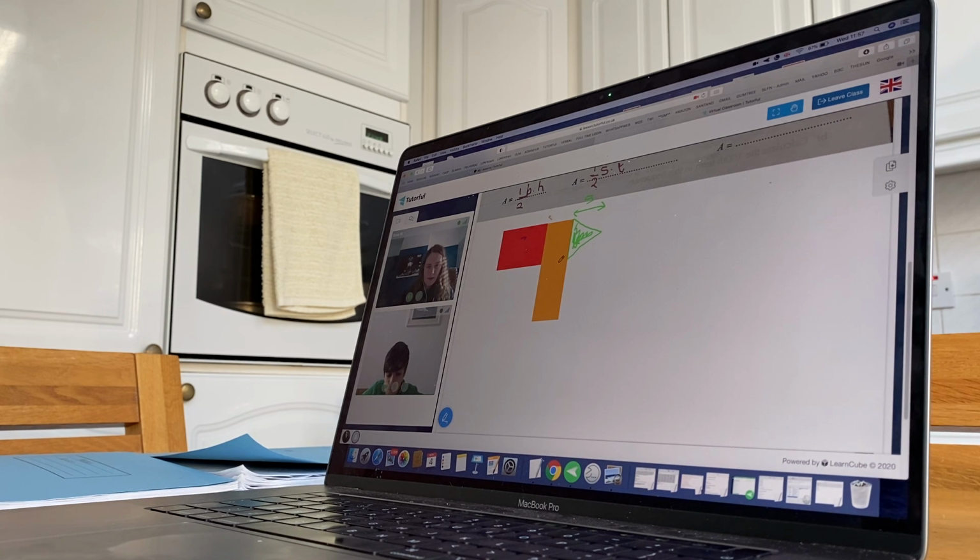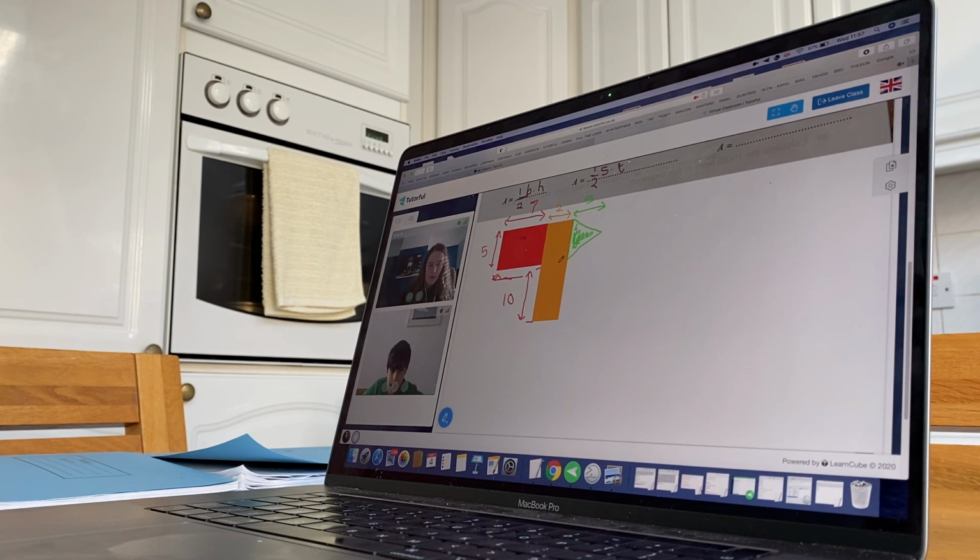This length is 2. This length is 7, and let's do another 5, and then this length, from here to here, is 10.